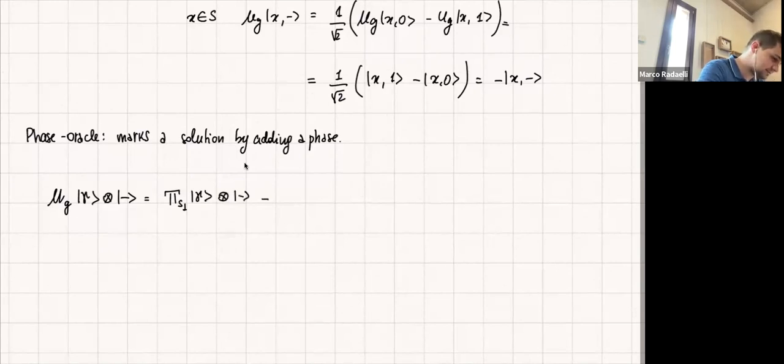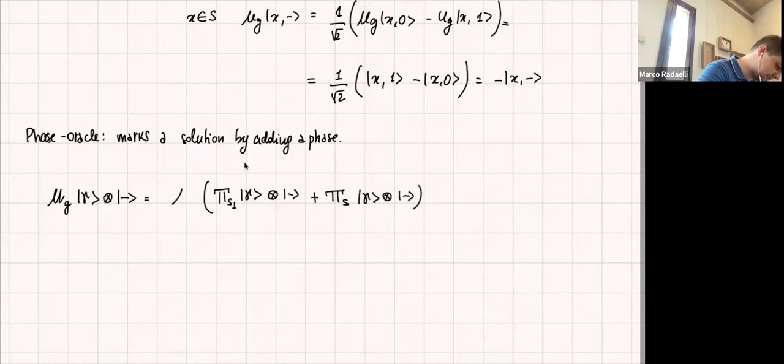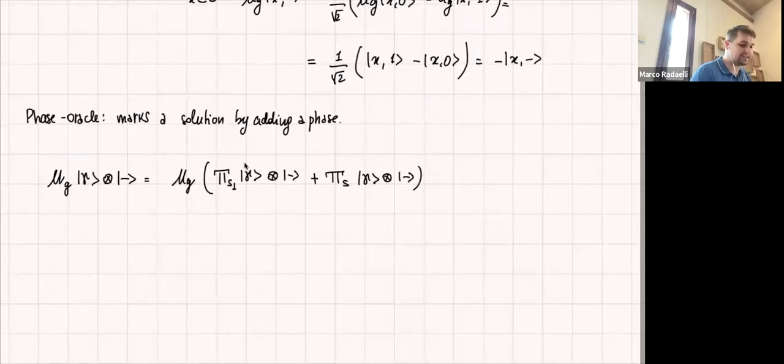Let's do it more slowly. Pi over x, gamma tensor minus, plus pi over s, gamma tensor minus. And at the front, we still have the UG to be applied. So what happens when we apply this?